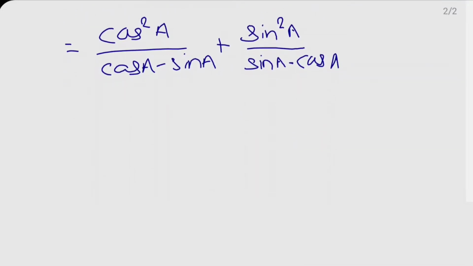So now in the next step, cos square A divided by cos A minus sin A as it is.